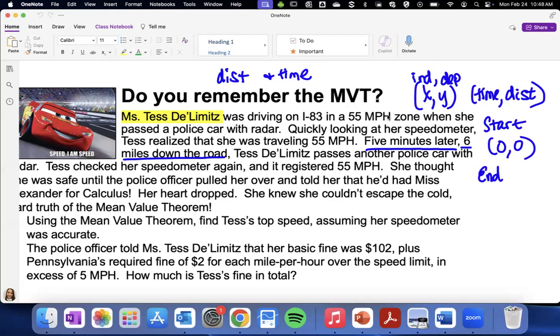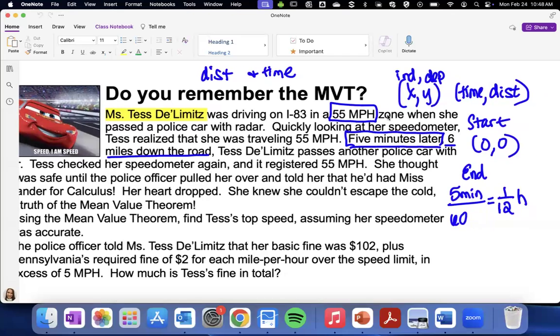What units am I using for time? Miles per hour. If I'm using miles per hour, then I have to use hours. So I can't just say 5 minutes. I have to convert it: 5 minutes out of 60 minutes in an hour. It's going to be 1/12 of an hour.